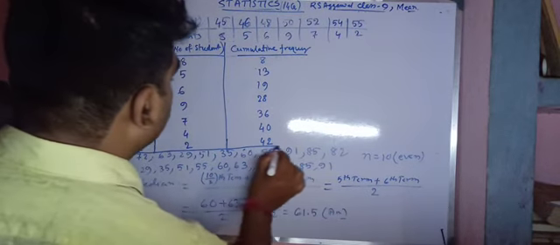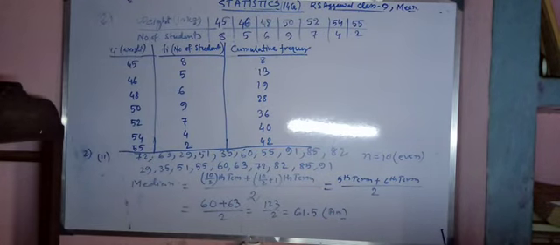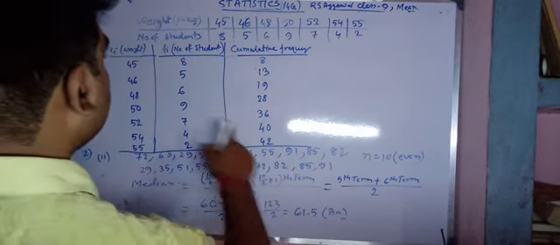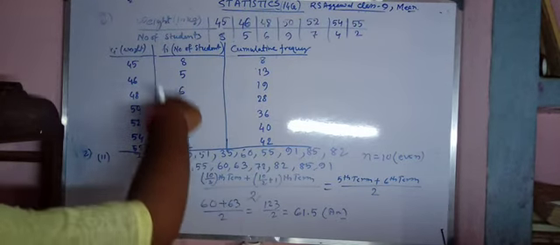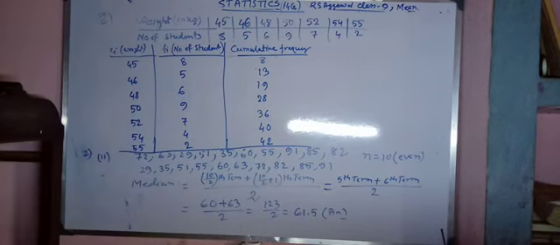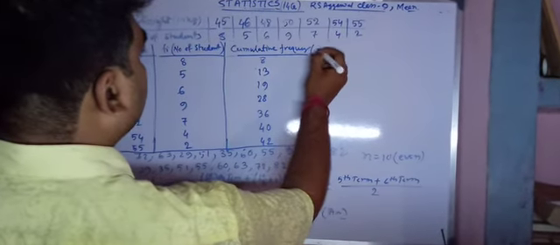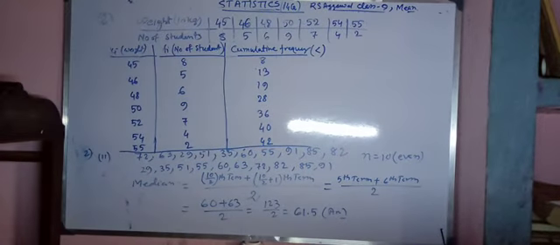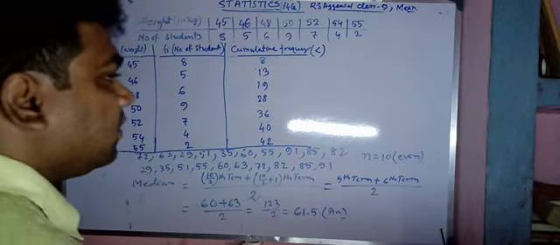Next, my total should match my total frequency. This cumulative frequency is of less than type.